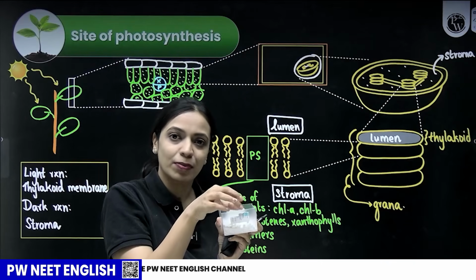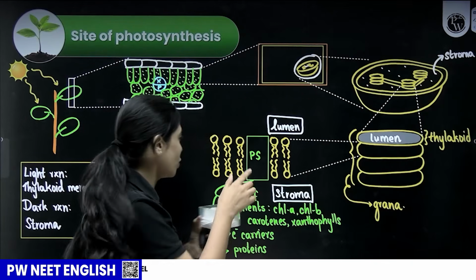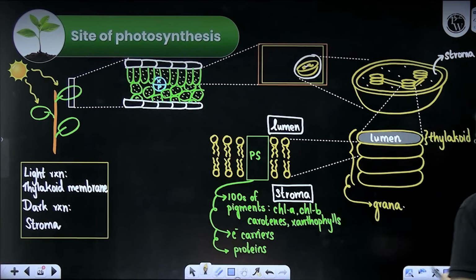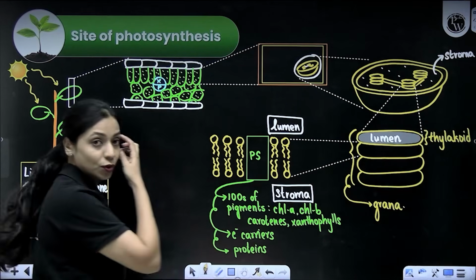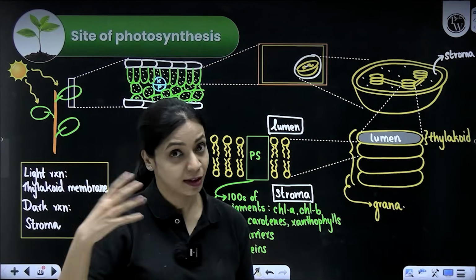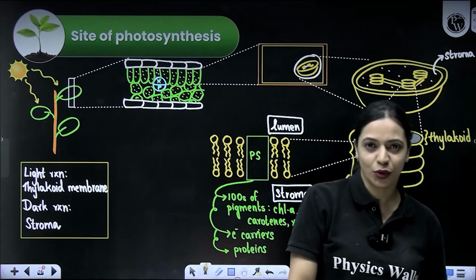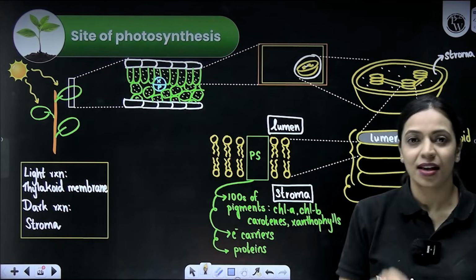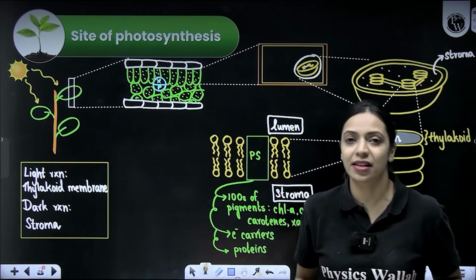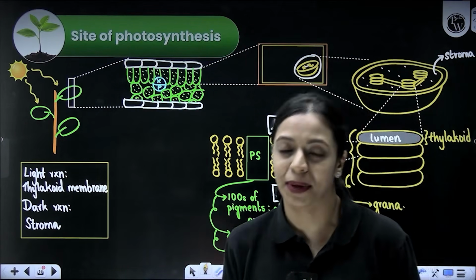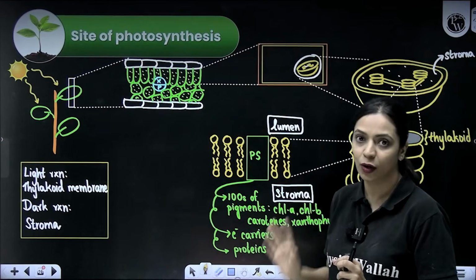So this is the membrane that we are talking about now. If you look at this membrane, it is similar in structure to the plasma membrane. In the plasma membrane, remember we've learned about these transmembrane proteins, extrinsic proteins, integral proteins and all of that. Similar to how you have proteins present in the plasma membrane, you have certain pigment complexes present in the thylakoid membranes.